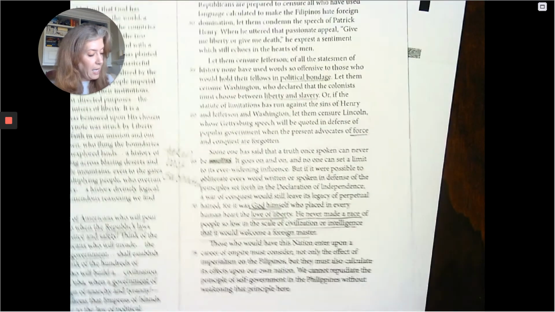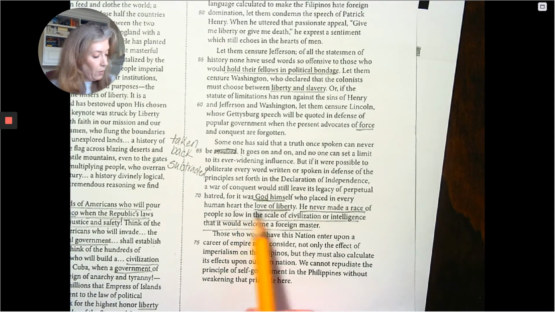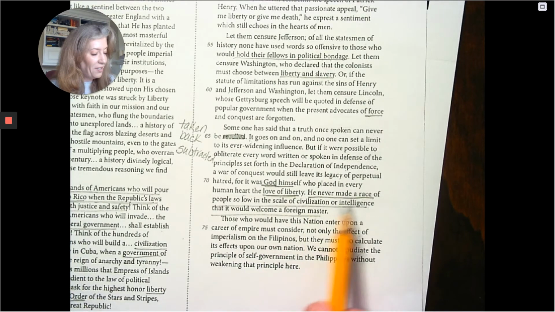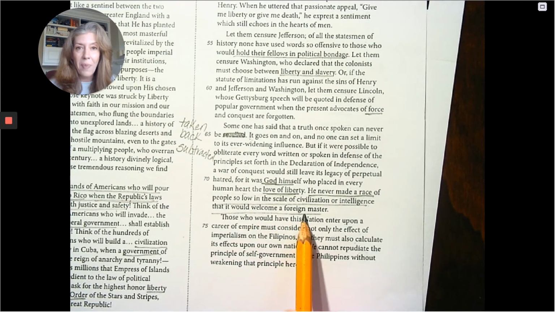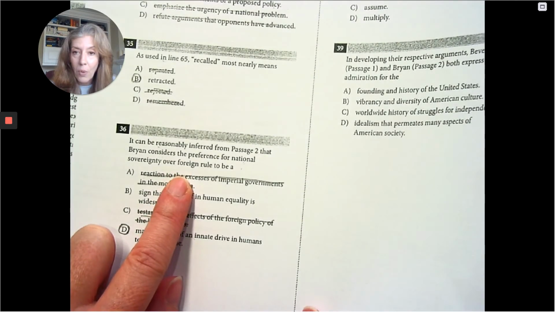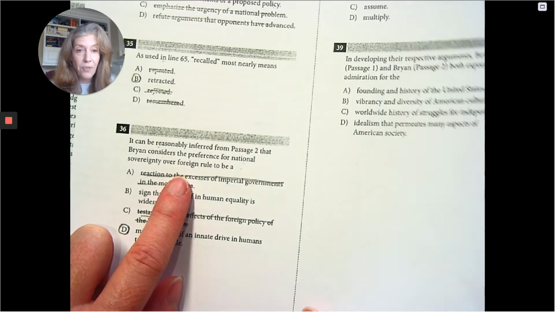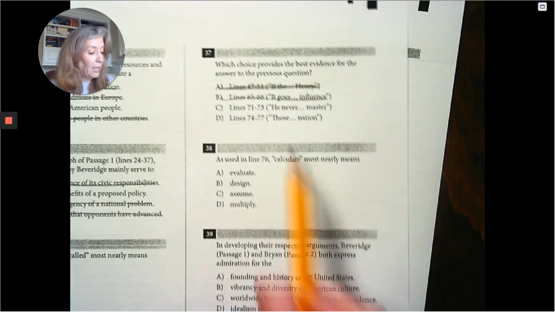Line 71 to 73. He never made a race of people so low on the scale of civilization or intelligence that it would welcome a foreign master. Again, remember, we're looking for evidence that people believe in ruling themselves. So I really, really like that one. I'm not going to get rid of that one.